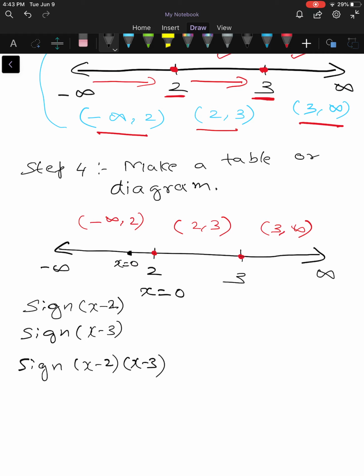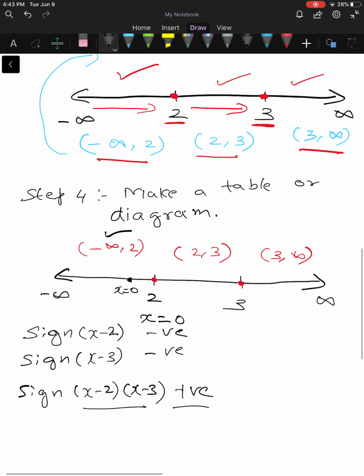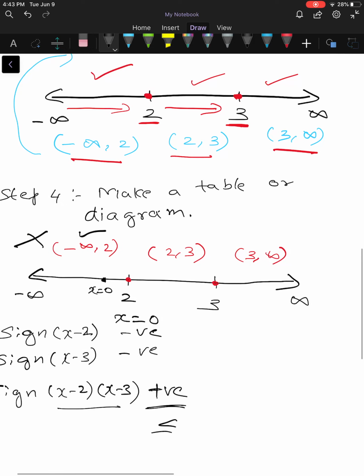Within the interval negative infinity comma 2, what would be the sign? 0 minus 2 is negative, 0 minus 3 is negative, but the product is giving a positive. So this is opposite to less than or equal to. It is neither equal to 0 nor less than, it is not less than 0 because you are getting a positive sign. So this interval is neglected. You should not consider that interval.